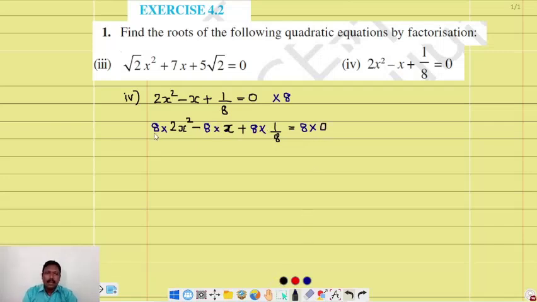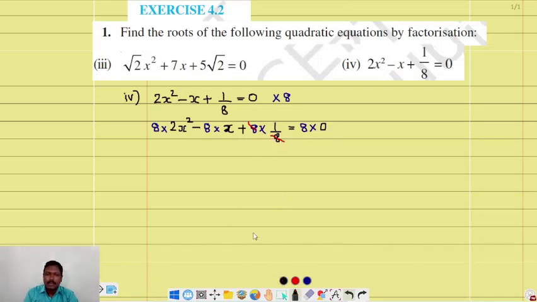See here, with 8 I multiplied each and every term. 2x square is a term, so 2x square I multiplied by 8, and minus x is a term, so that also multiplied by 8, and here 1 by 8 is a term, so that also multiplied by 8. Then you can cancel this 8 and 8.